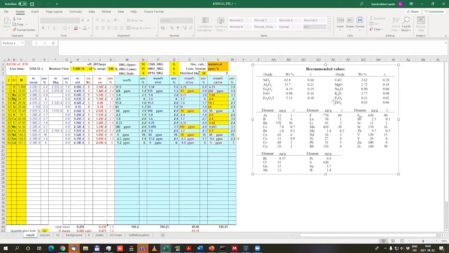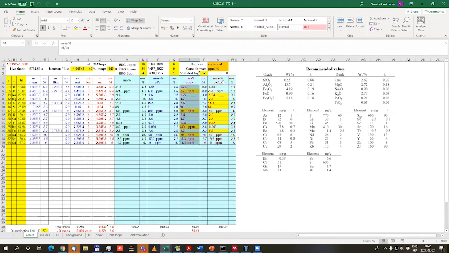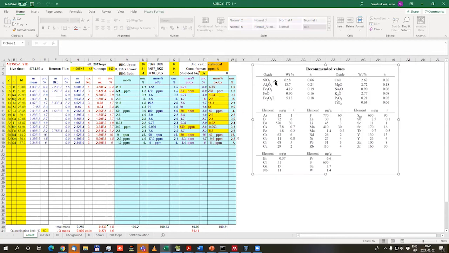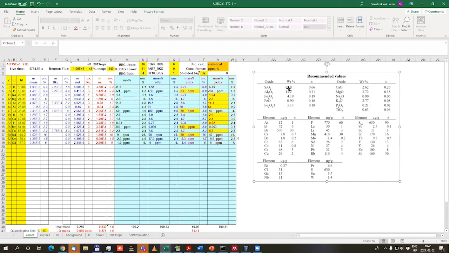As geologists, they usually put the composition of major oxides in this form. So for minor components and trace elements, you should check this column, while for major components, you should check this column. So here you see that, for instance, silicon oxide content is 63%.